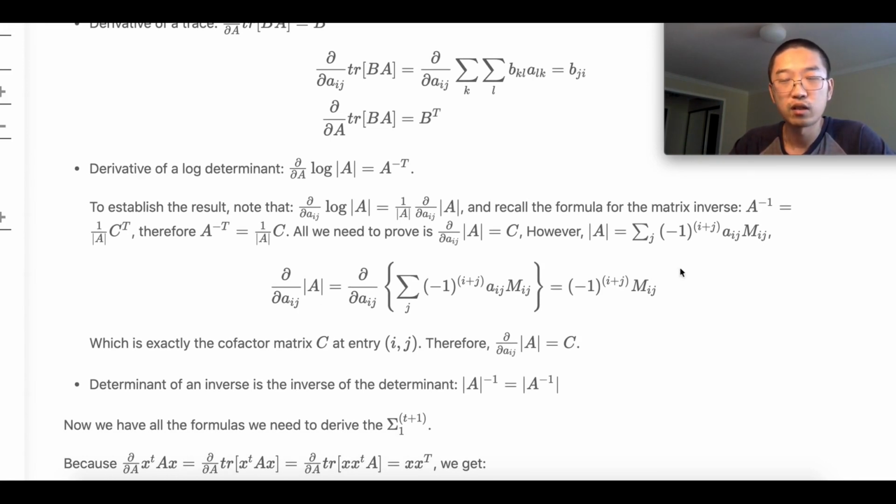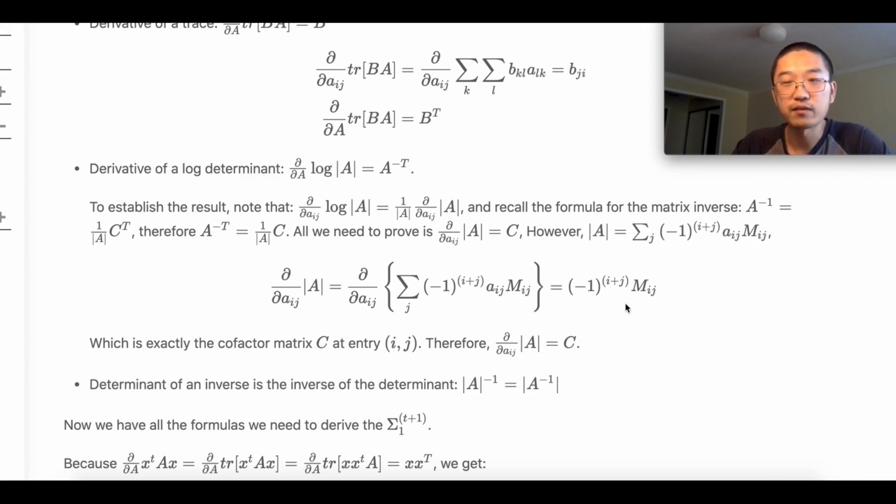So how do we do that? It's just pure computation. The partial derivative of the determinant of A with respect to Aij, by this definition, we expand it, and that will simply be minus 1 to the power of i plus j times Mij. Right?